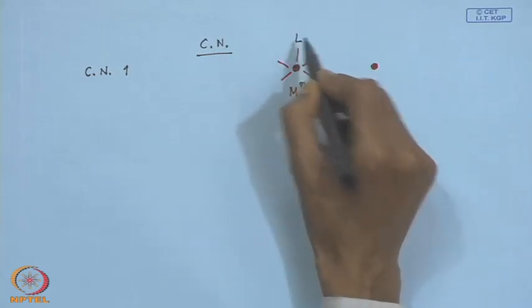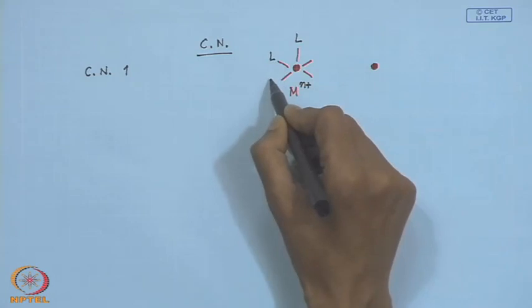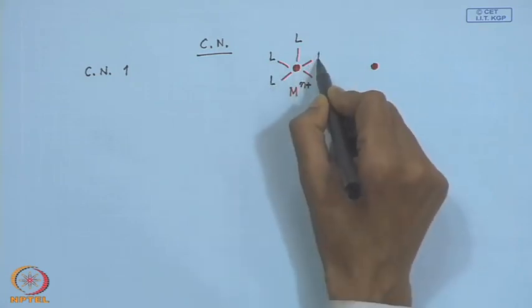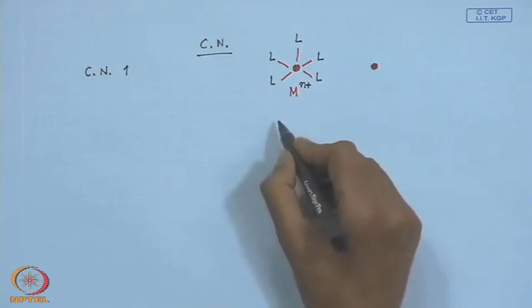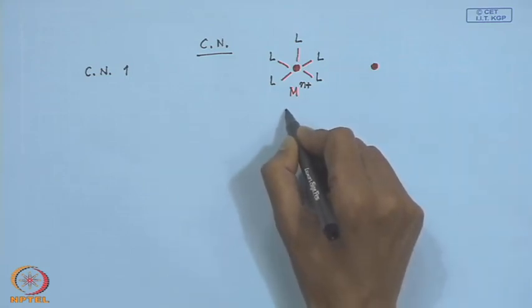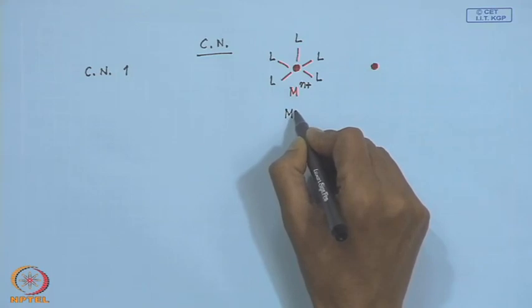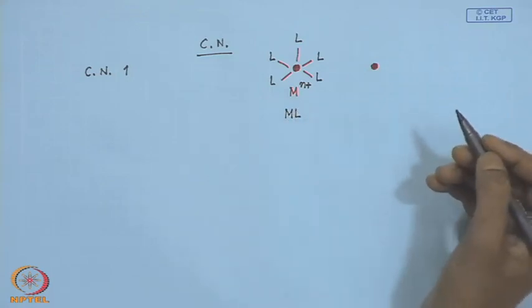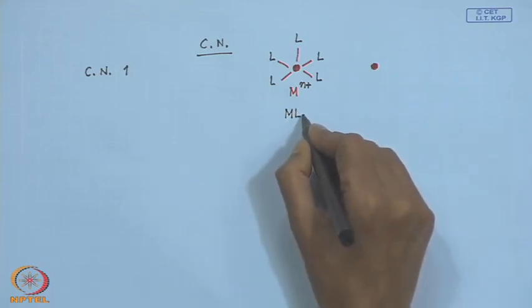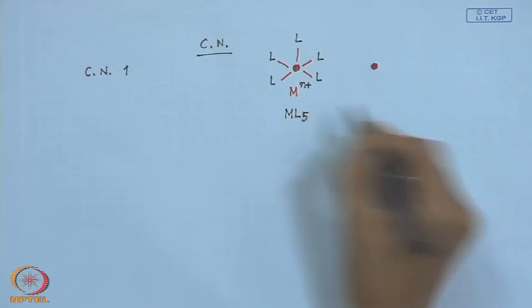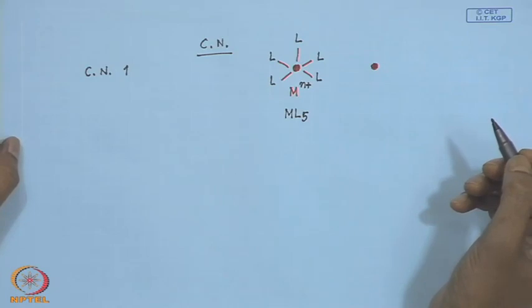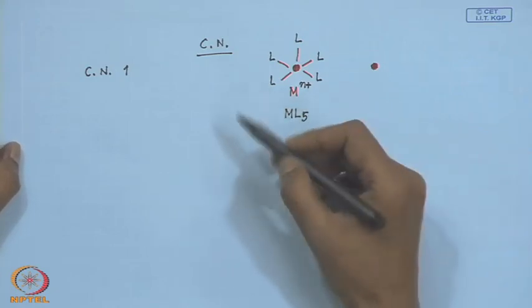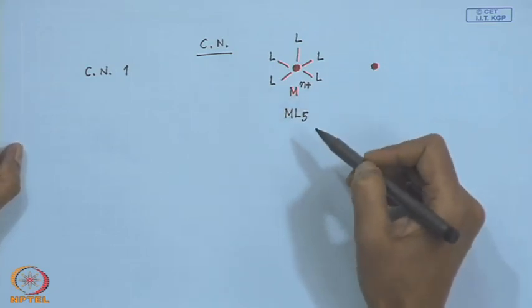Then we can put several ligands around it. So today we are starting from a coordination number of 5. ML5 would be the immediate situation where we can accommodate 5 ligands around the central metal ion.